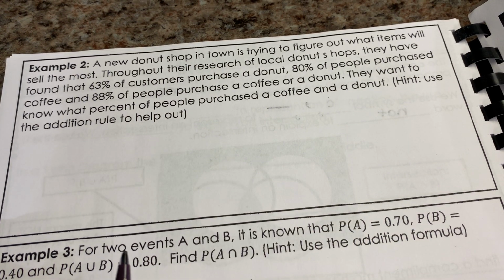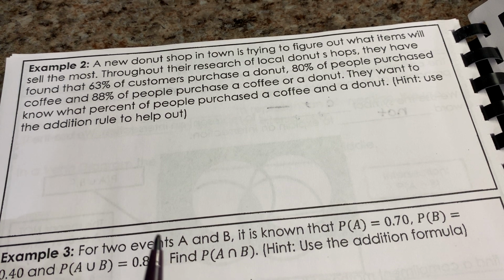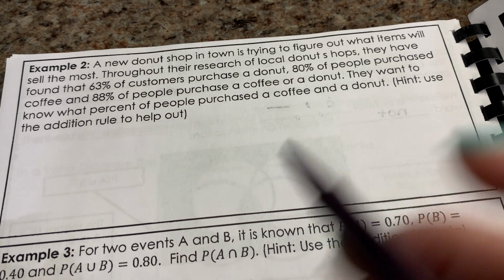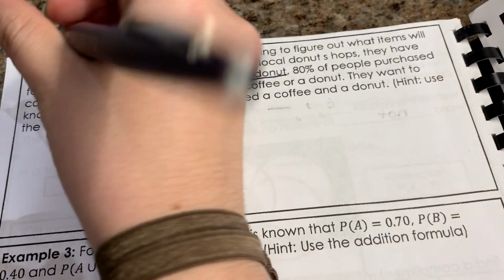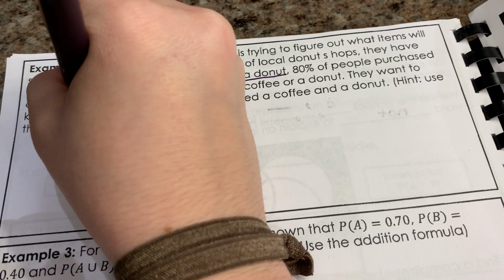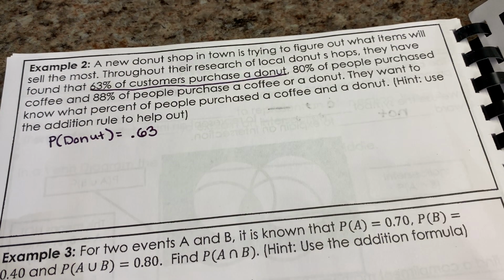It says, a new donut shop in town is trying to figure out what items will sell the most. Throughout their research at local donut shops, they have found that first, 63% of customers purchase a donut. So we're going to write that information down for ourselves. The probability of somebody purchasing a donut is about 0.63, 63%.